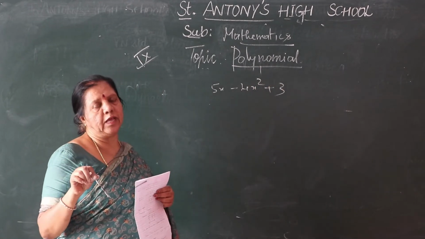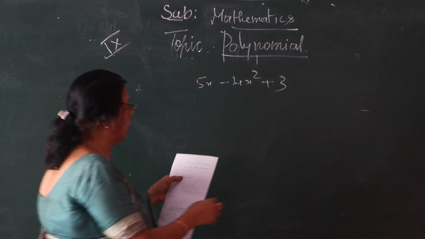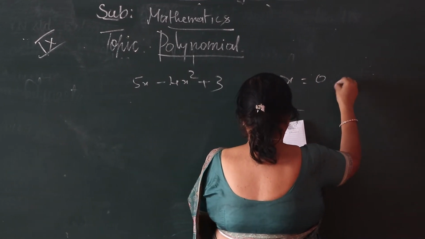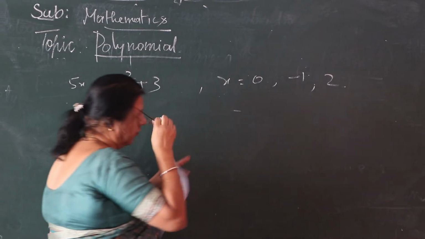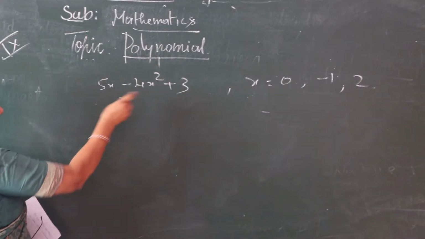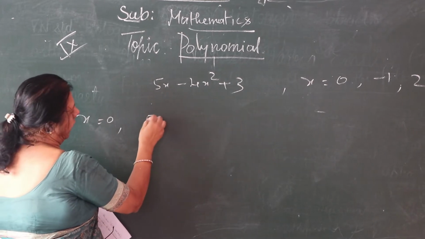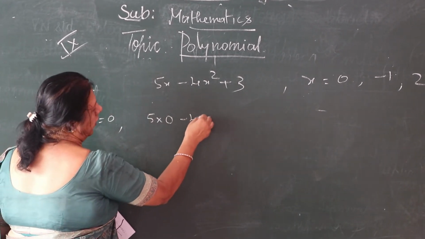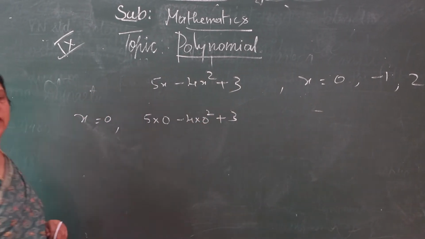This is the equation they have given. They have given the values of x equal to 0, -1, 2. For all three we have to solve. Now x is equal to 0. Take this: 5 into x value 0 minus 4 into 0 square plus 3.